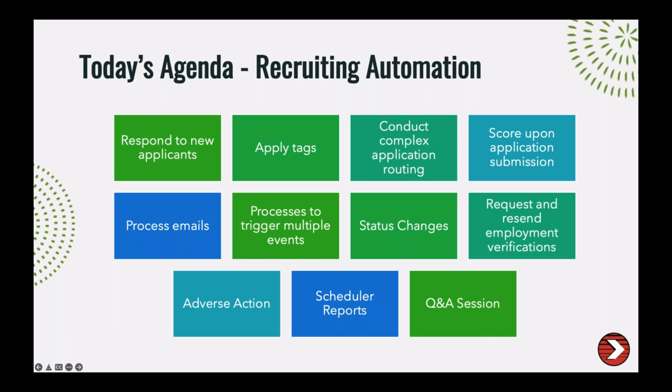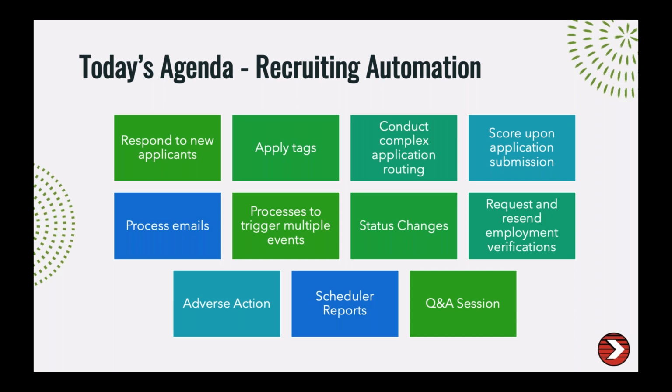Today, we will be starting from the beginning of the application process and walking you all the way through to hire. Kim and Natalie will show you how to use automation to respond to new applicants, apply tags from responses on the IntelliApp, conduct complex application routing and reassignment, score upon application submission, process emails, processes to trigger multiple events, create a status change, request and resend employment verification requests, run adverse action processes, send offer letters, and automate reports.